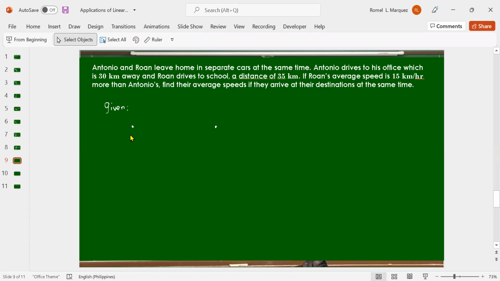Ito si kay Antonio's house. Dito naman kay Roan. Kanino to? Kay Antonio. This one is kay Roan. Okay, guys? Saan sila papunta, guys?